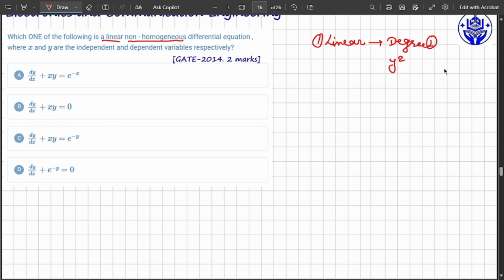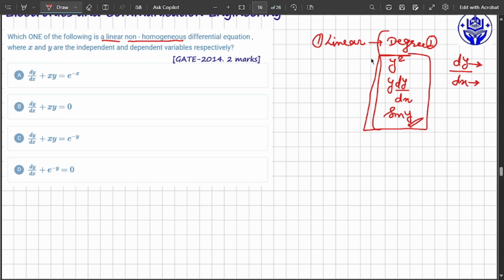Whenever we have dy by dx, x is the independent variable and y is the dependent variable. There should be no higher power of the dependent variable, and no non-linear function of the dependent variable. If any of these conditions is violated, it will be non-linear. Otherwise it will be linear.